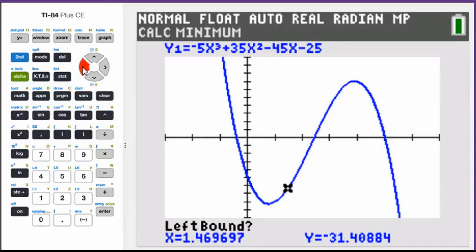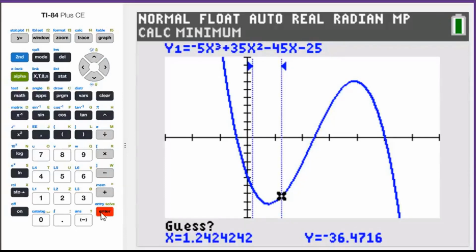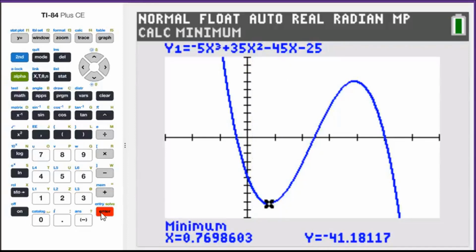So I'm moving the arrow to the left side. Okay, I put the enter. Then right side. Enter. Enter again. That's the minimum value.